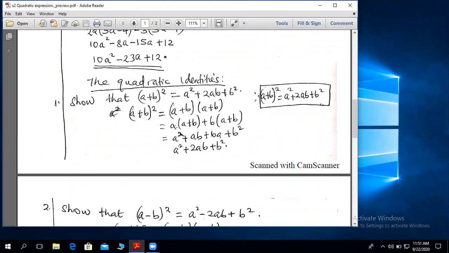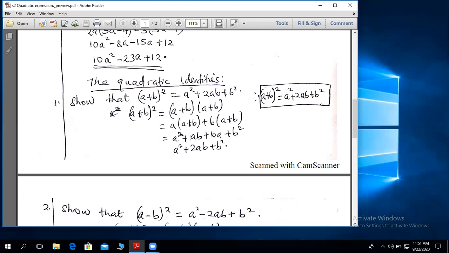This one will be a times a, you times the whole of this bracket, which is a plus b, then plus b, which is this one, times the whole of that bracket. So a times the whole of that bracket, then plus b times the whole bracket, which gives us a squared plus ab, then plus ba, then b times b, the answer is b squared.